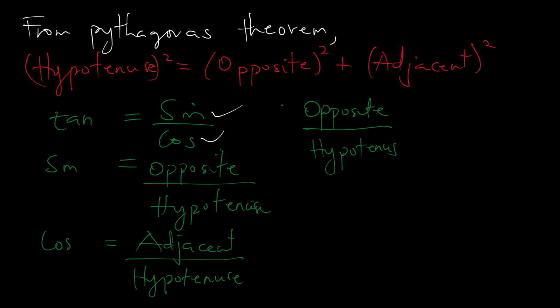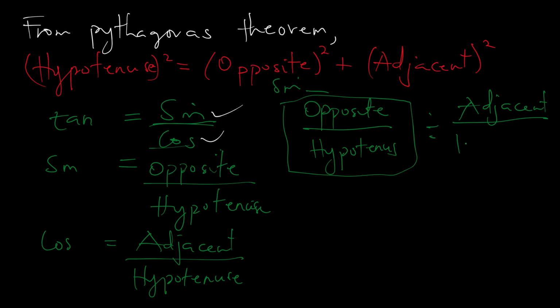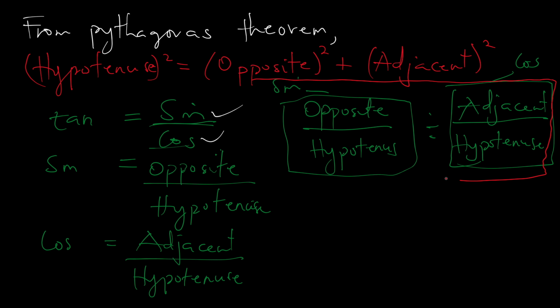This whole thing represents sine divided by cos, which is adjacent over hypotenuse. So everything here represents cos, and the whole of this represents tan.